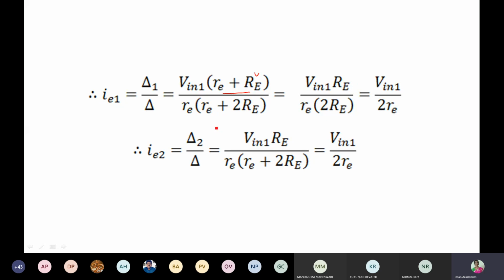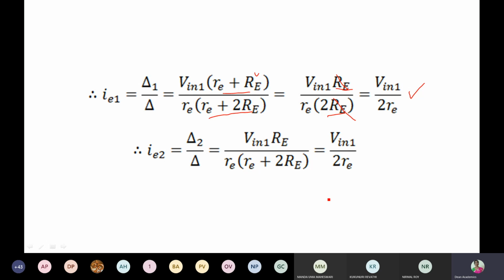Taking RE plus 2RE, it is equal to 2RE. Therefore, in the denominator we have written 2RE. So finally it is equal to V in 1 by 2RE. That is IE1.